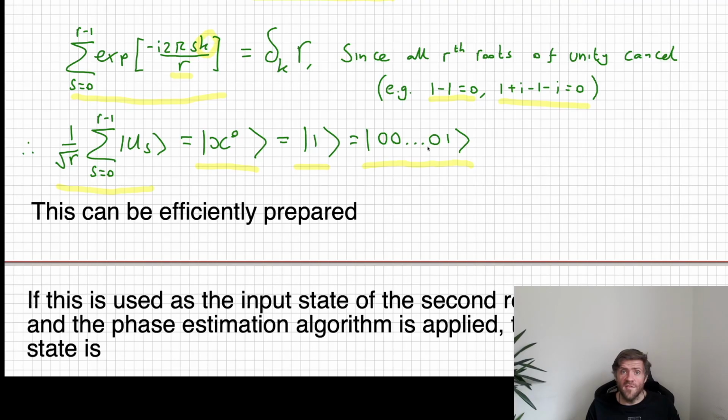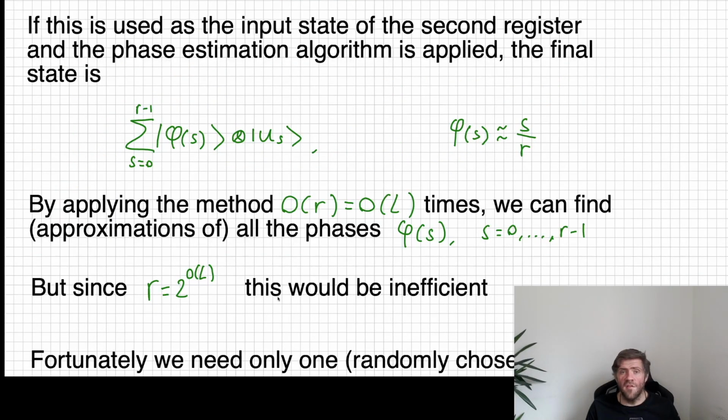So the superposition of the first r eigenstates is definitely something we can easily prepare, because it's just a whole bunch of zeros and a 1. Just need an X gate for that. So rather than using a single eigenstate, we are using a superposition of eigenstates on the second register. So what's the output going to look like?